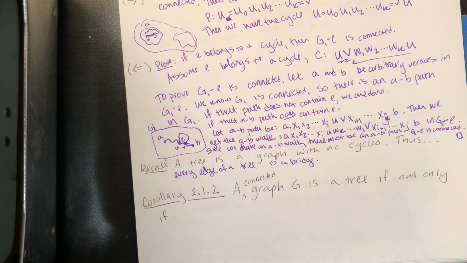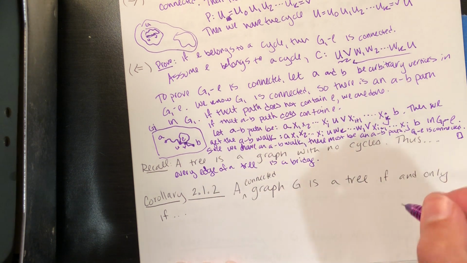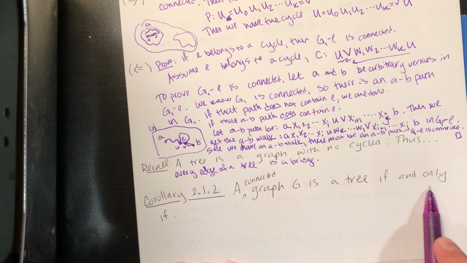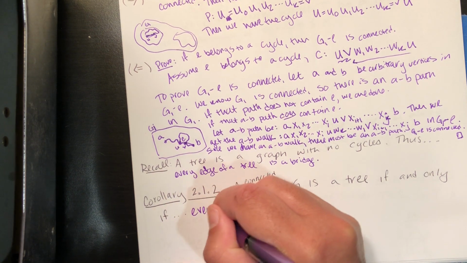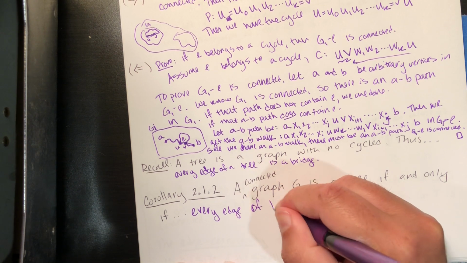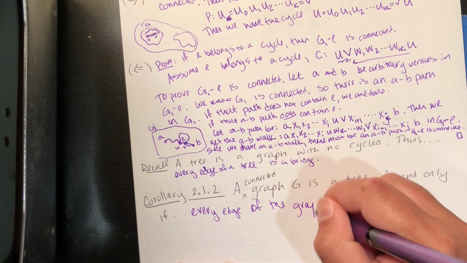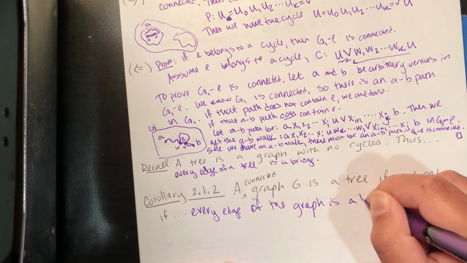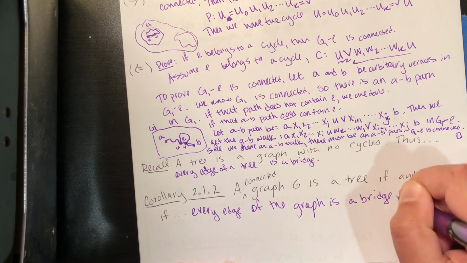Okay, and so we get this corollary which says that a connected graph is a tree if and only if every edge of the graph is a bridge.